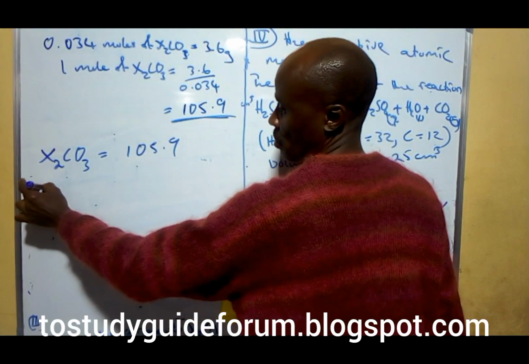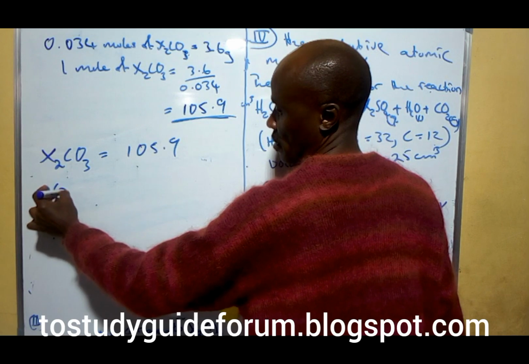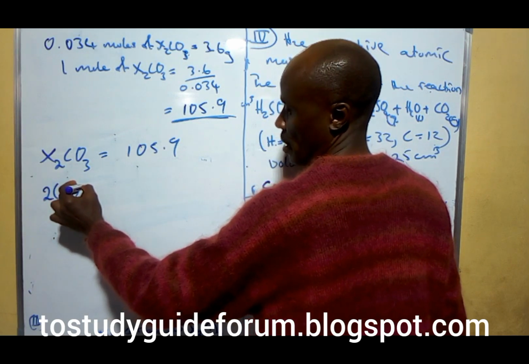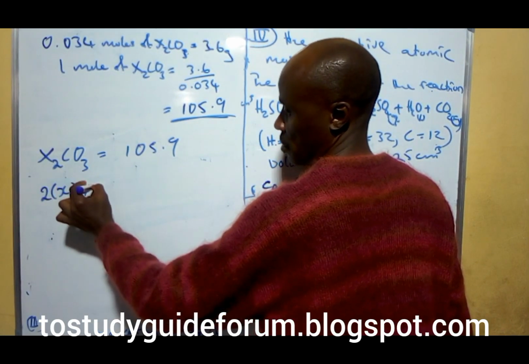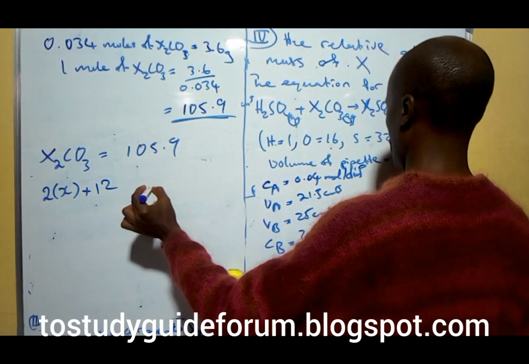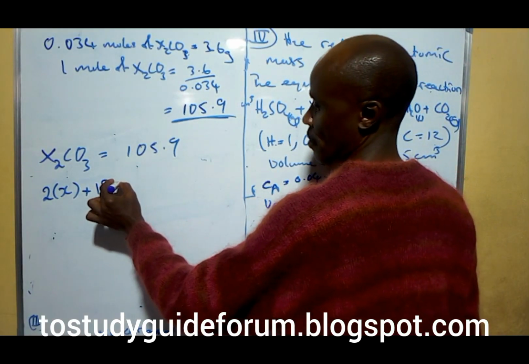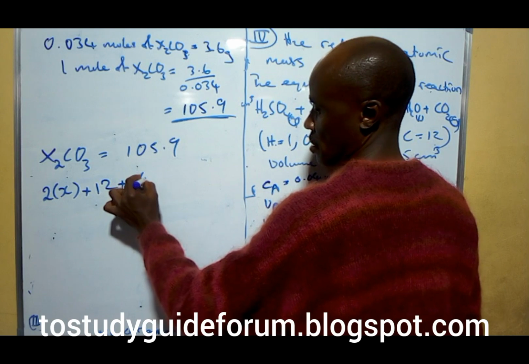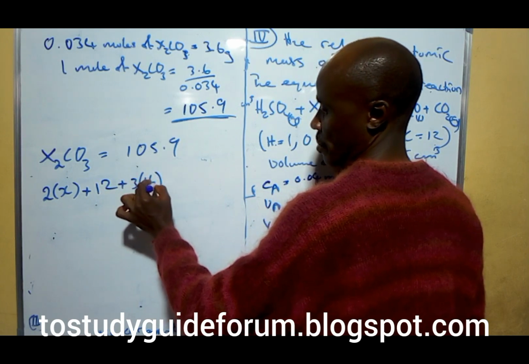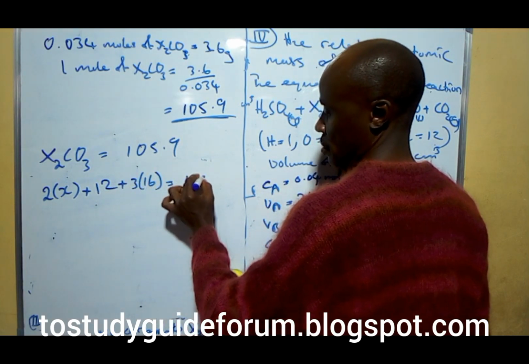From here, you notice that it is 2 times X, plus carbon, which is 12, plus 3 times 16.